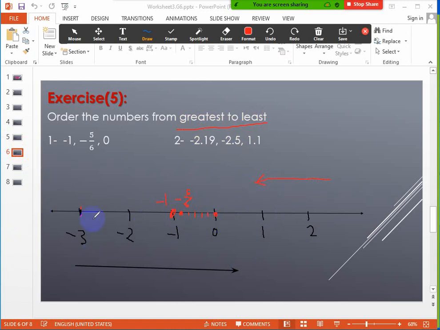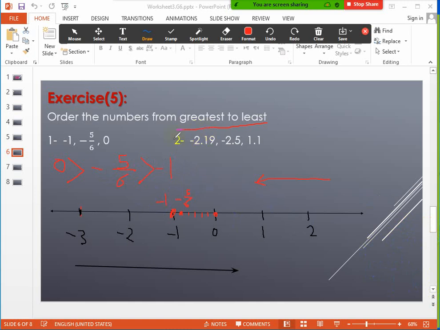From the greatest to the least. Negative 5 over 6 first. Then, very good. Thank you, Maria. This is the last one. Thank you, dear. Thank you, Maria.